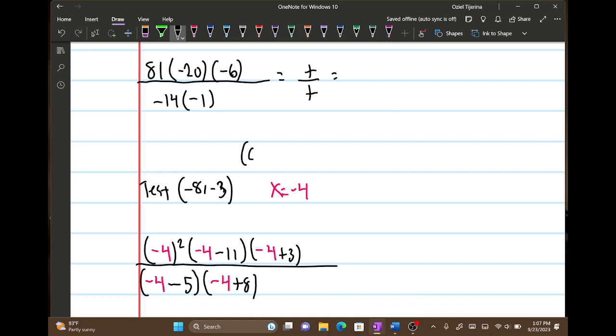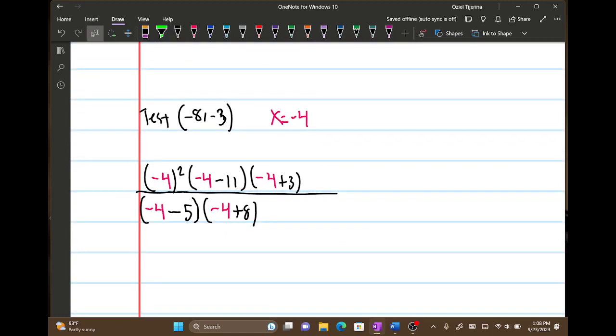This is from interval A to B, where A is -8, B is -3. We're testing an interval here, a number between -8 and -3. So you want to make sure you understand the difference between an interval and a coordinate. We're just doing it in terms of x, so both of these values are x. This is from x1 to x2. It's an interval, so I just want to make that clear.